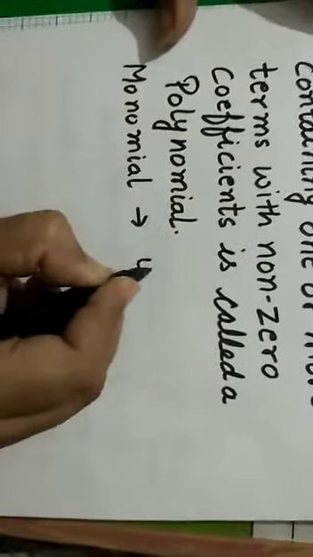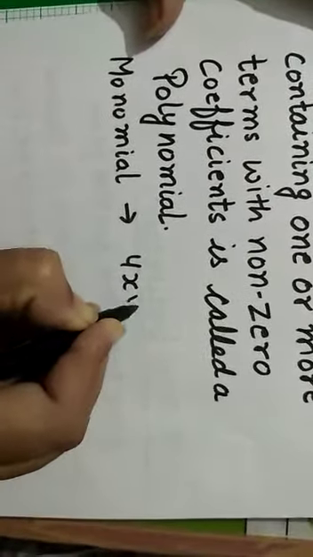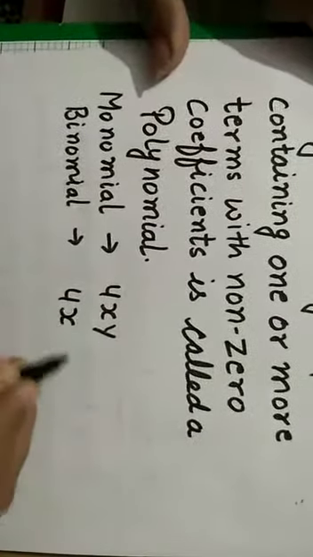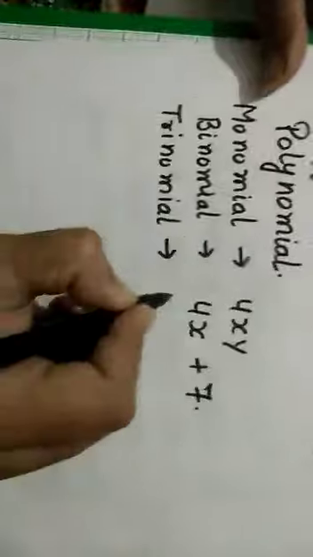Example of this is 4xy. Now binomial, there will be two terms, 4x plus 7. Now next we have trinomials. There will be 3 terms.